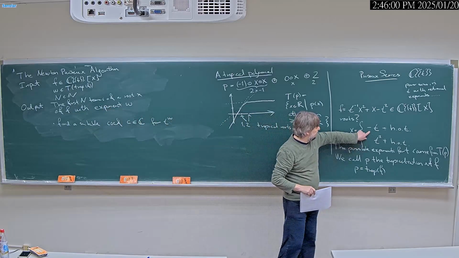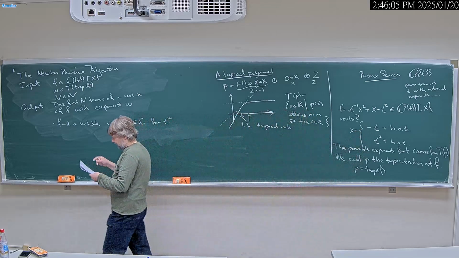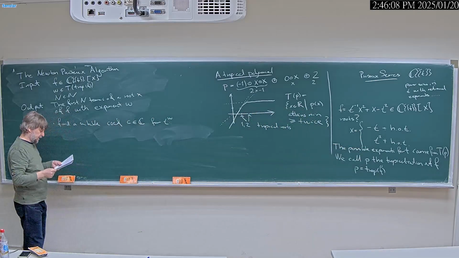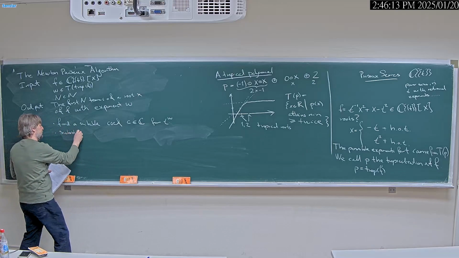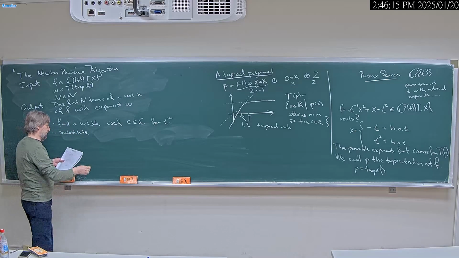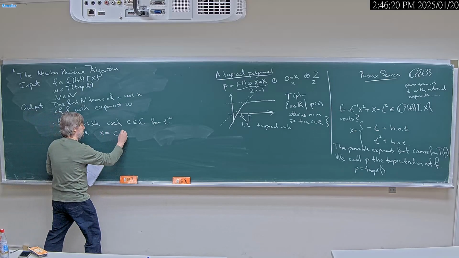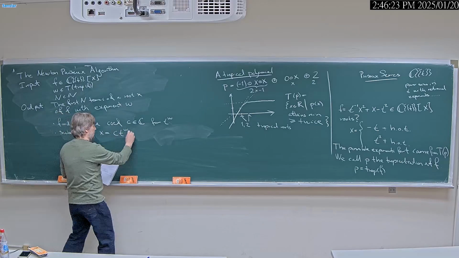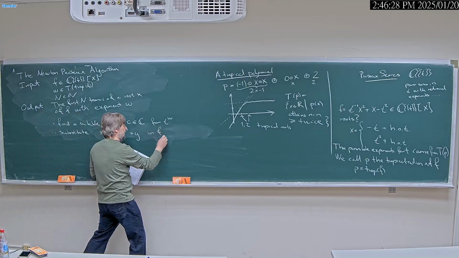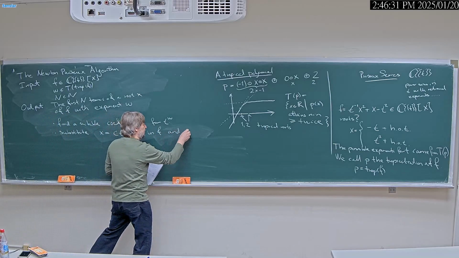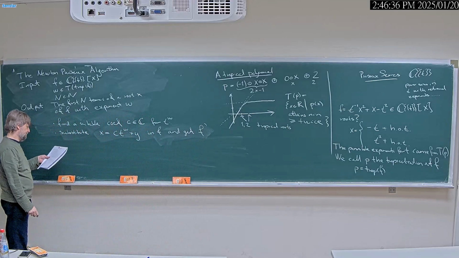We needed to pick a coefficient here. Here we could pick -1 and 1. So we want things to cancel in the right degree. And when we've done that, then the next step is to substitute. We're going to make the substitution that x is going to be equal to c times t^omega plus y, and do the substitution in f and get a new polynomial that we'll call f prime.